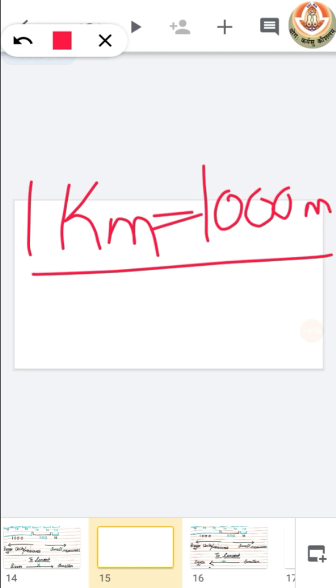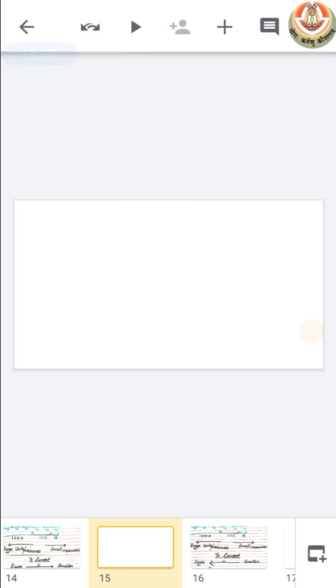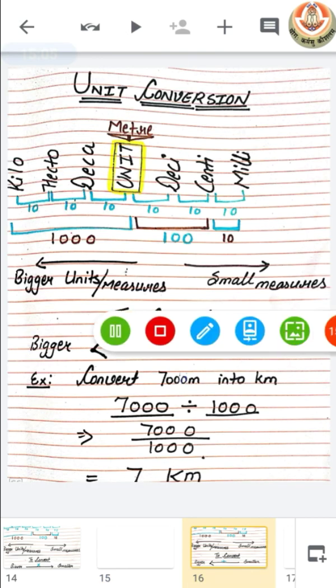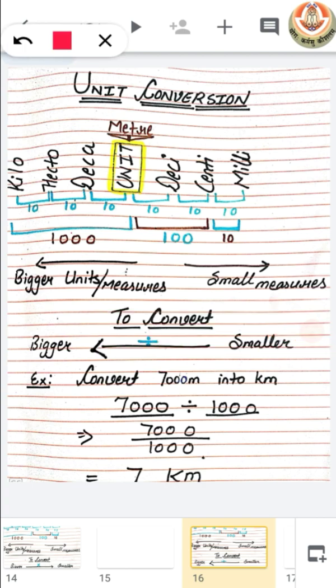How many meters in 1 kilometer? We have 1,000 meters in 1 kilometer. So we will use 1,000, and to convert a small unit into a big one we will use division. So we divide 7,000 by 1,000 and we get our answer.